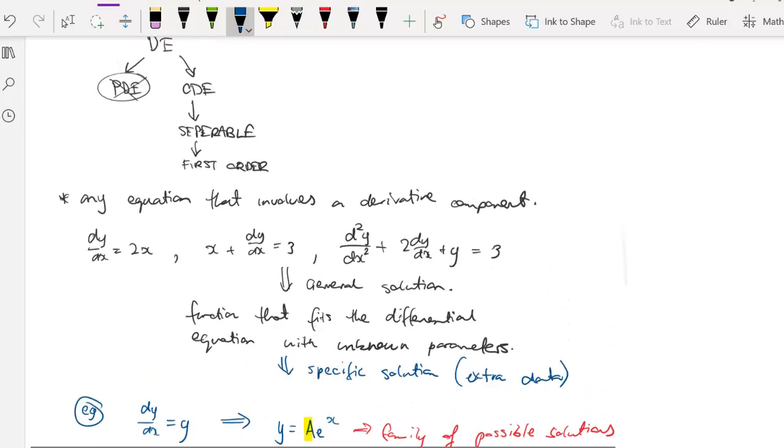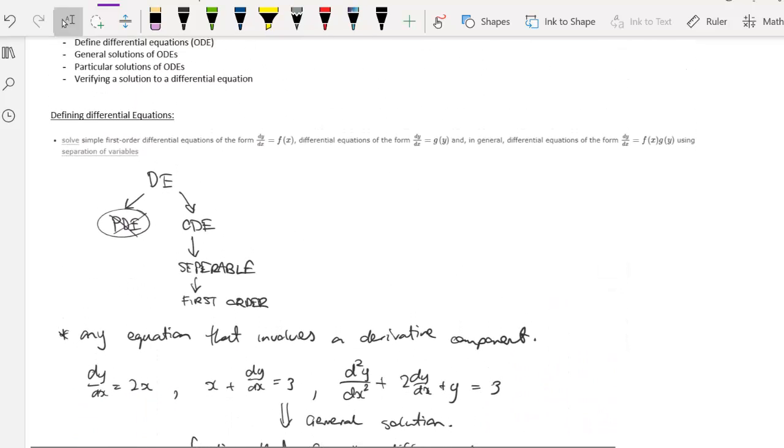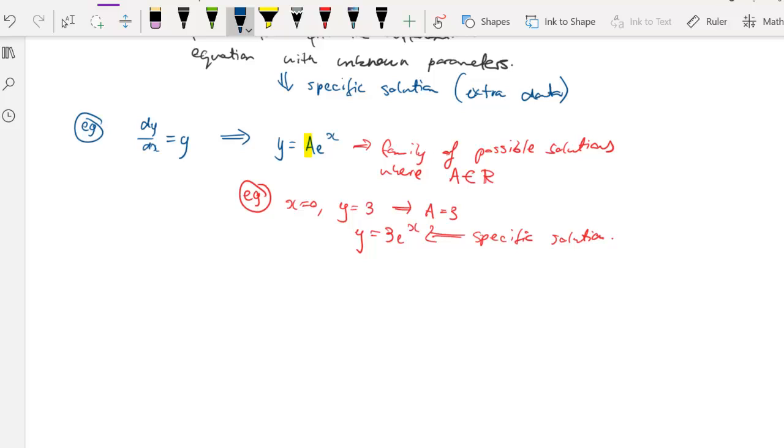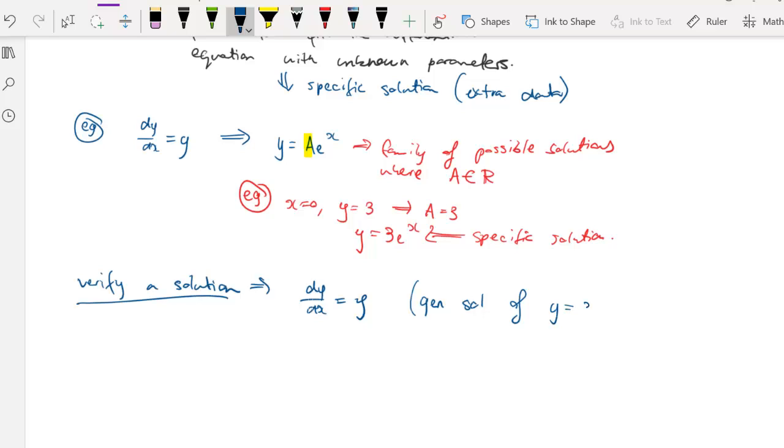Now, going back to this last dot point, where we're focusing on verifying a solution to a differential equation today, to extend on what we've already looked at, to verify a solution, and that may be that we are looking at dy/dx = y, and we know that we've got a general solution of y = 3e^x, or we could even use ae^x, it doesn't matter.